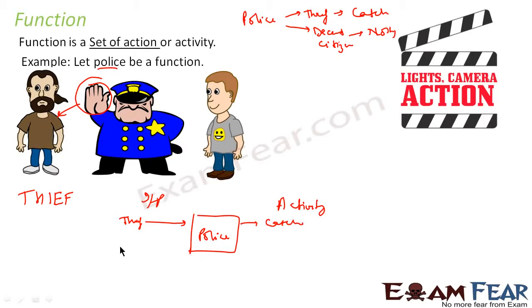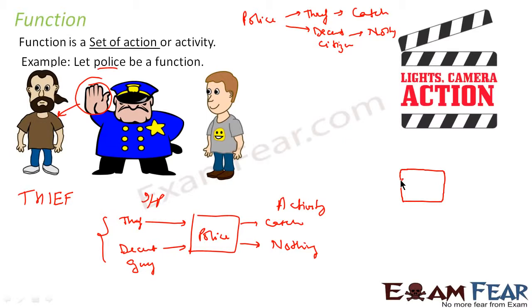When I give input as decent guy, what it will do is nothing. Correct? So police is nothing but a function that performs an activity, it catches or does nothing, based on the input. If the input is thief, the police will catch. If the input is a decent guy, it will do nothing. Correct? So function is nothing but a box where you give input and you get output.